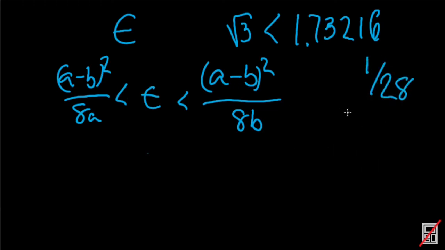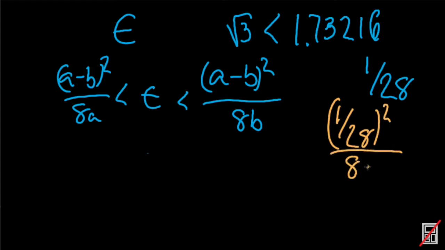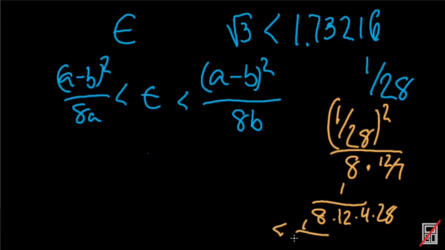So we can put a bound on this. We get (1/28) squared over 8b, which was 12/7. And if we compute that out, we would get 1 over 8 times 12 times 4 times 28, that is 32 times 28 times 12, which is going to be bigger than 1 over 10,000.